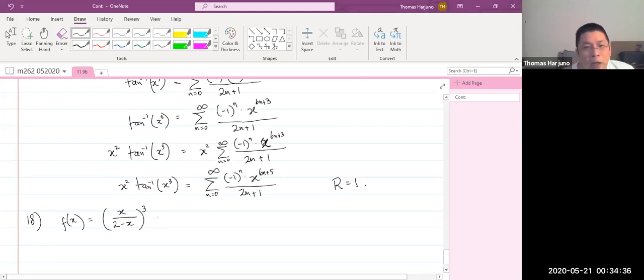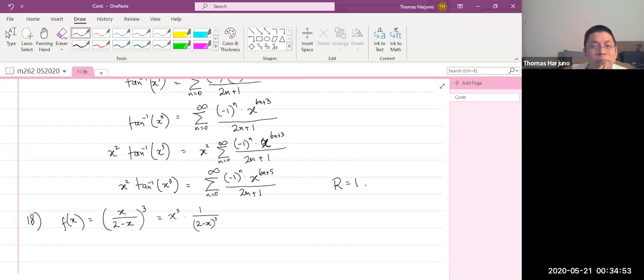But at least I know this is x cubed times 1 over (2 minus x) cubed. Let me factor 2 cubed at the bottom.